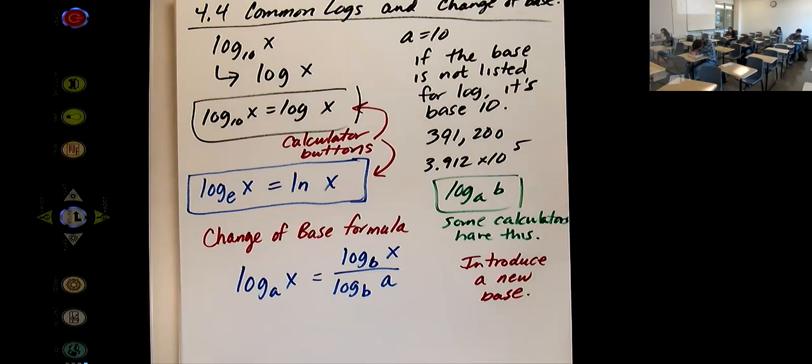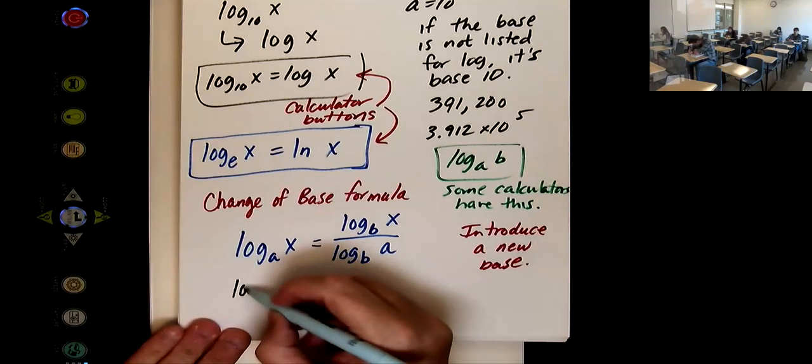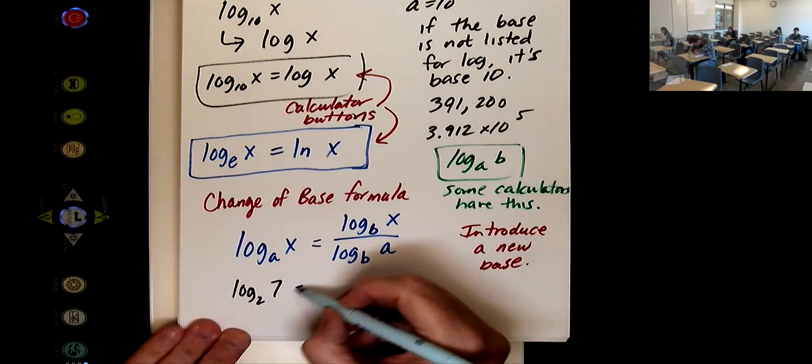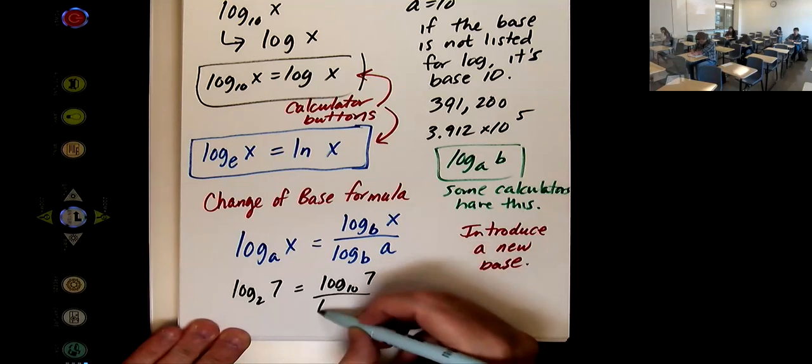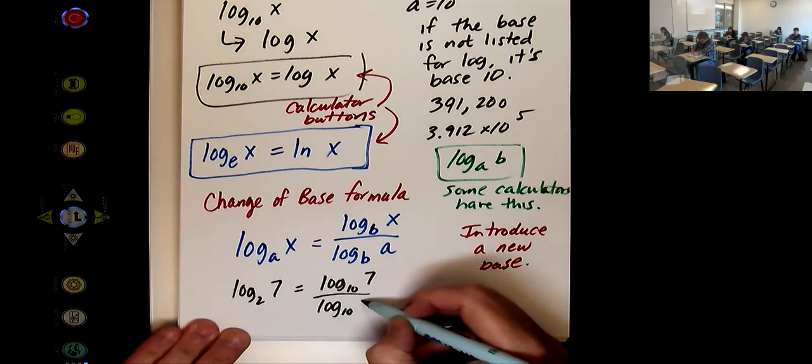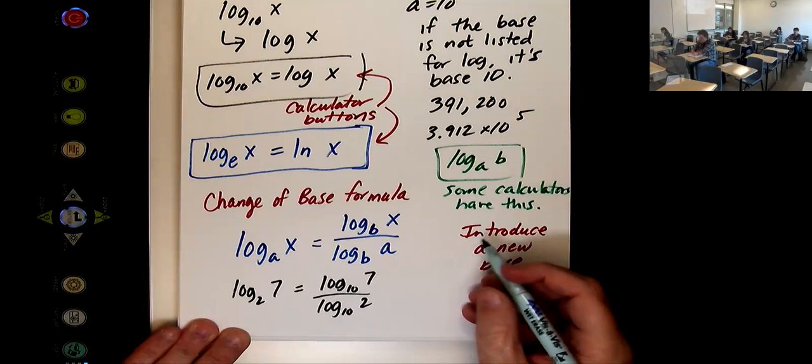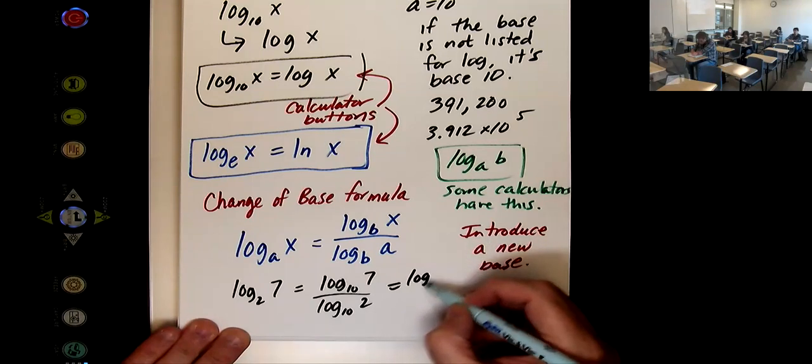Where is this really helpful? Your calculator doesn't have a log base A of B button. I can turn log base 2 of 7 into log base 10 of 7 over log base 10 of 2, which is just log 7 over log 2.